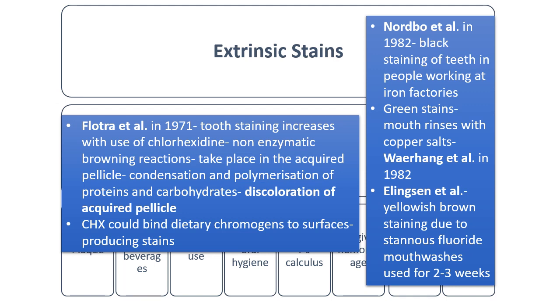And tooth staining increases with the use of chlorhexidine, like I mentioned. That primarily happens because of changes in the acquired pellicle, with condensation and polymerization of proteins and carbohydrates and discoloration of the acquired pellicle. Chlorhexidine could bind to the dietary chromogens on the surface, producing stains.